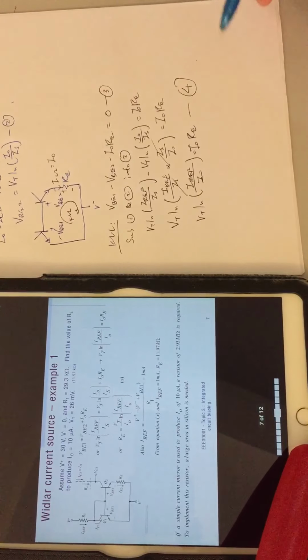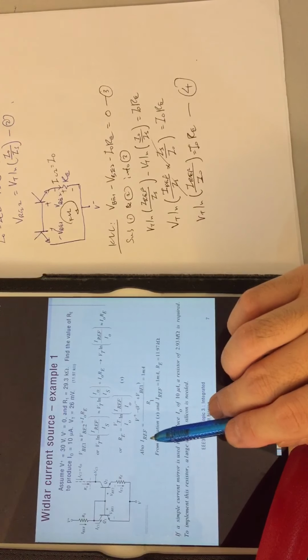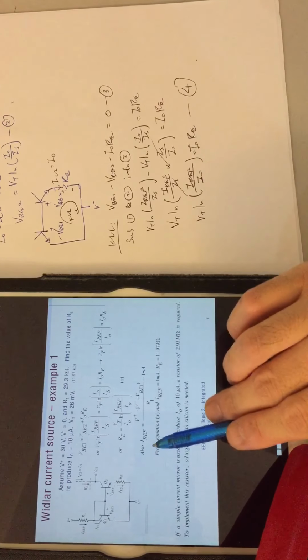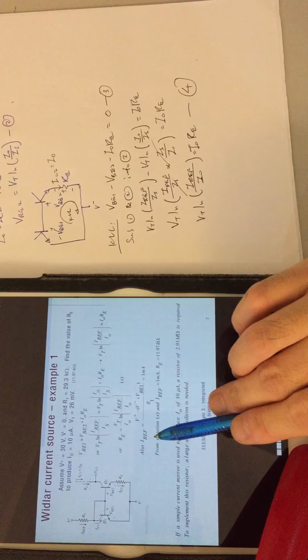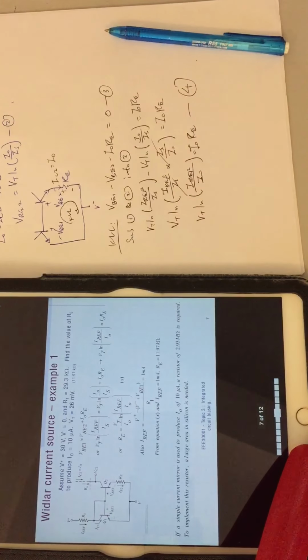So based on this KVL expression, we find out the I reference.